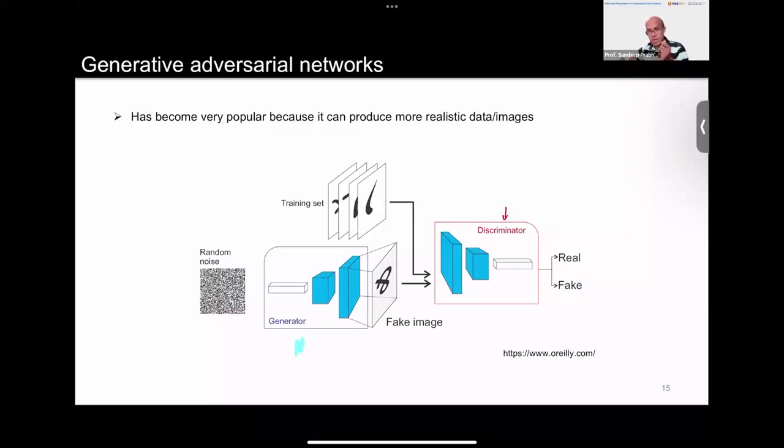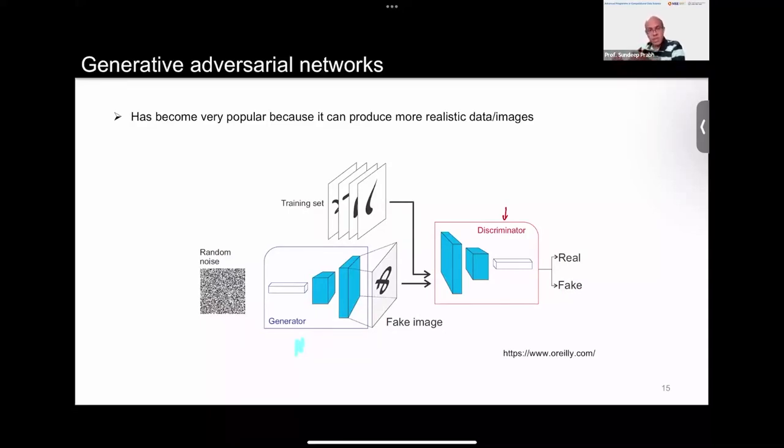Now, the way the training process is set up and the loss function is set up is such that the goal of the generator is to ensure that it deceives the discriminator, which means that the generator will try hard enough every iteration so that it can successfully deceive the discriminator.